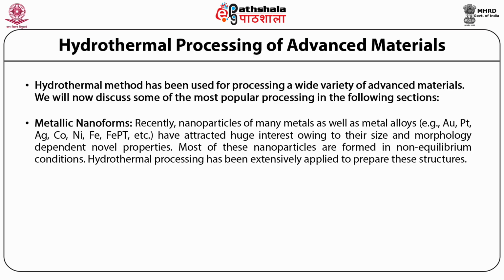Recently, nanoparticles of many metals as well as metal alloys, for example gold, platinum, silver, cobalt, nickel, iron, FePt, etc., have attracted huge interest owing to their size and morphology dependent novel properties. Most of these nanoparticles are formed in non-equilibrium conditions.